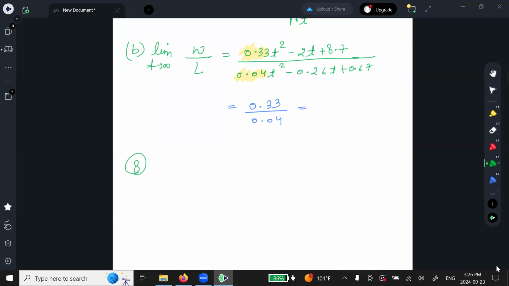The only thing where I will not ask you to simplify is the long derivative problems, where you have to apply product rule, quotient rule, and so on, okay? These parts, I expect you to get me an answer here, okay? Now, number 8, look what they have given you in number 8.